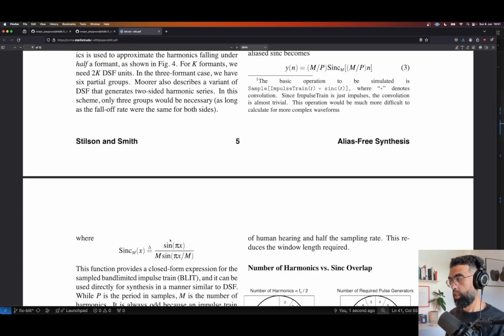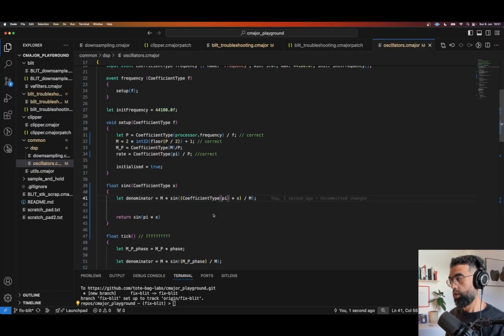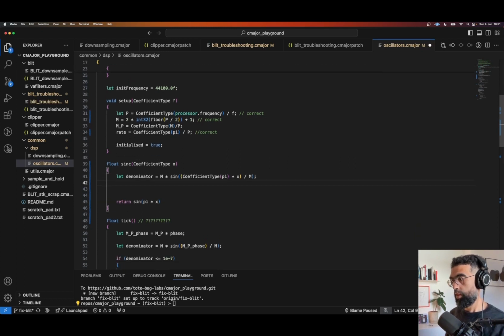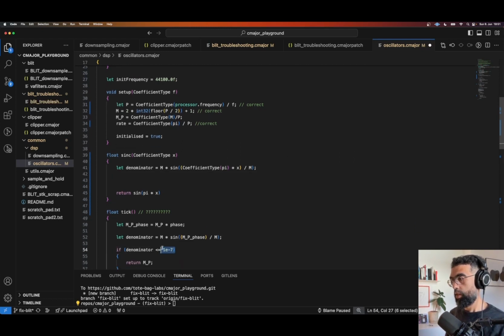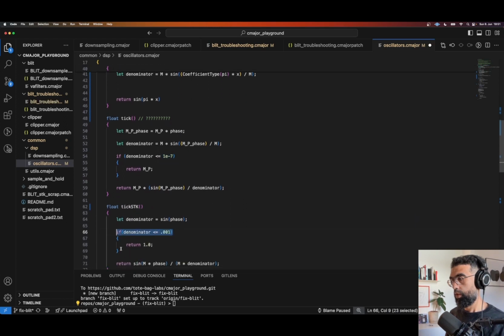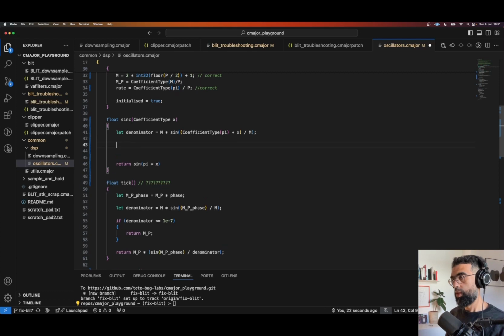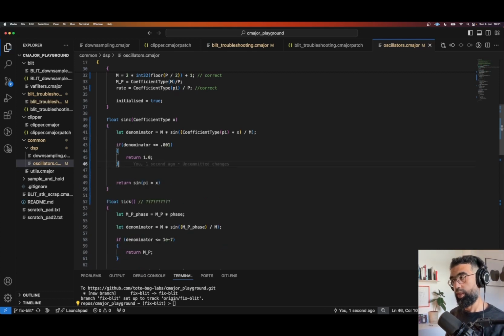Right, so m times the sine of pi x over m. Let's borrow this. If our denominator is too small, we're going to return 1.